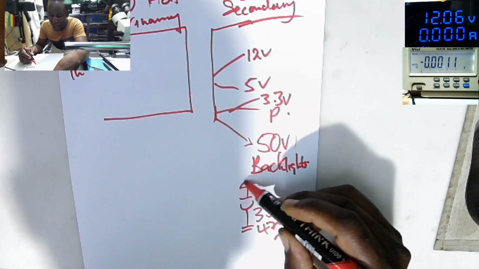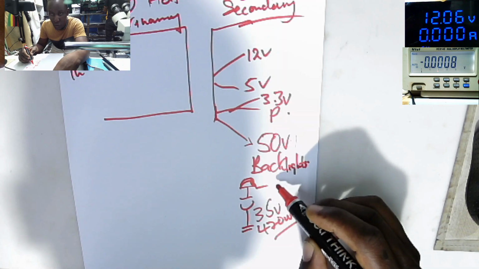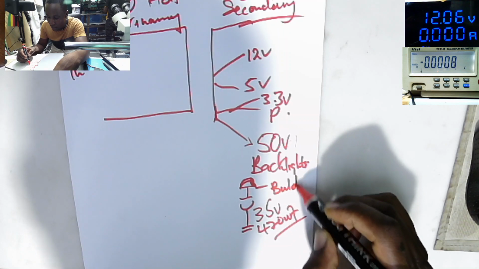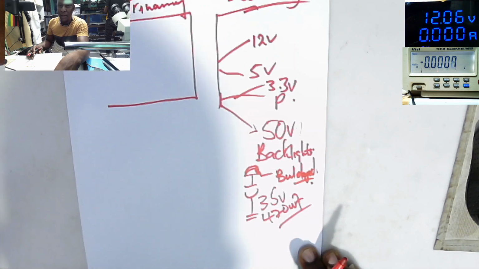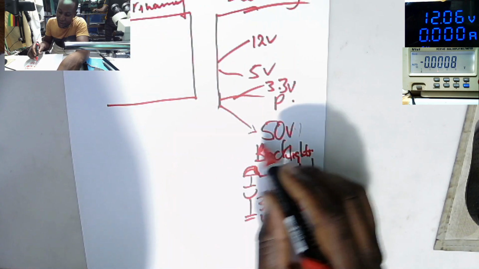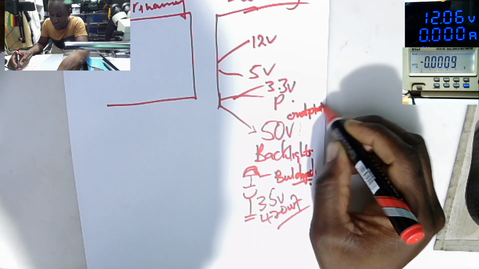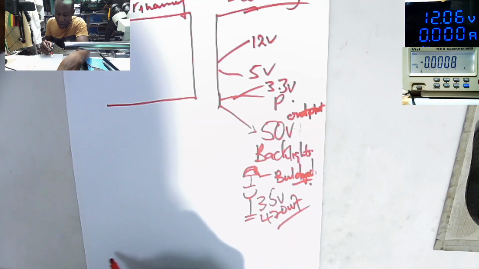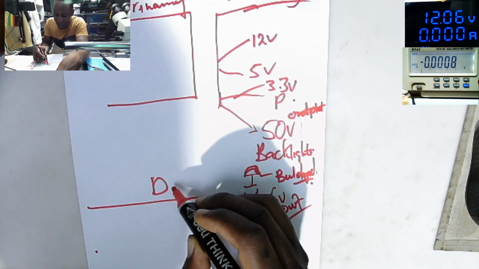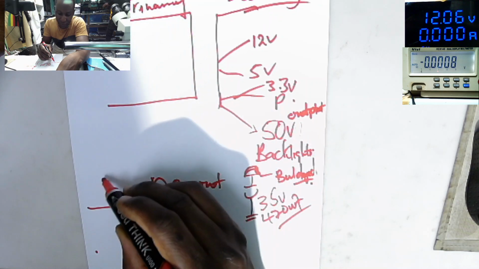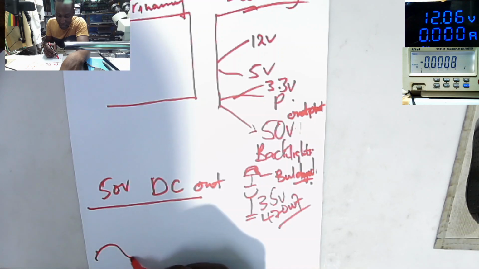So if we have 2 or 3 capacitors here, and one of the capacitors has got a bump on top, a bulged capacitor, instead of having 50 volts on the output, instead of having straight DC out 50 volts, we'll be having something like this.